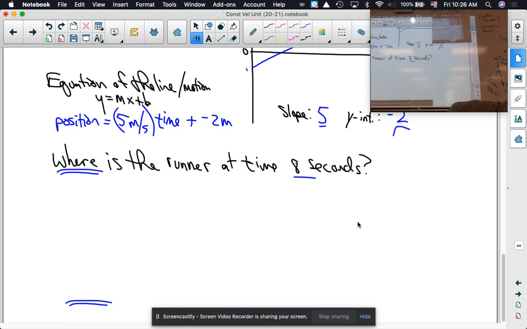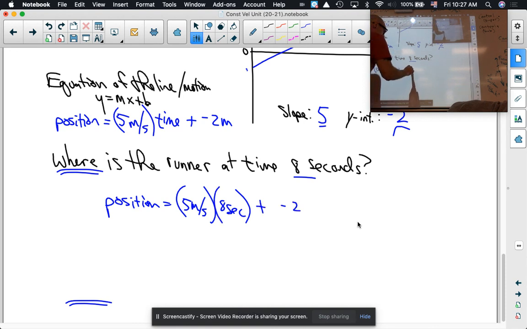And so again, I substitute 8 seconds in for my time. So position is 5 meters per second times how long it was happening, that's 8 seconds, plus -2 meters. So seconds on the 8 there cancels the second in the bottom, and I get 5 meters times 8, which is 40 meters.